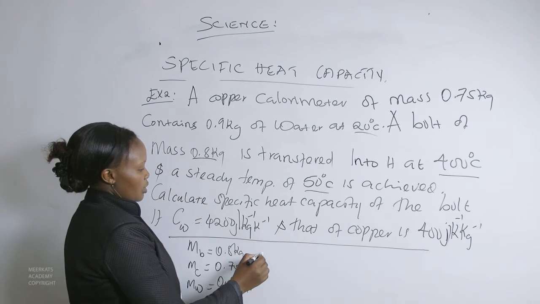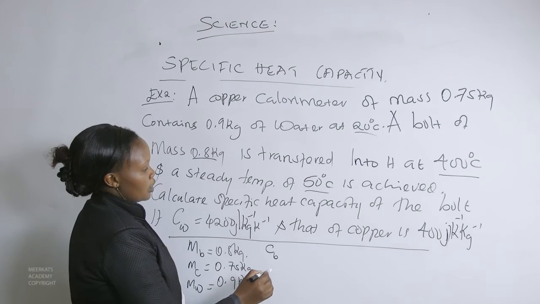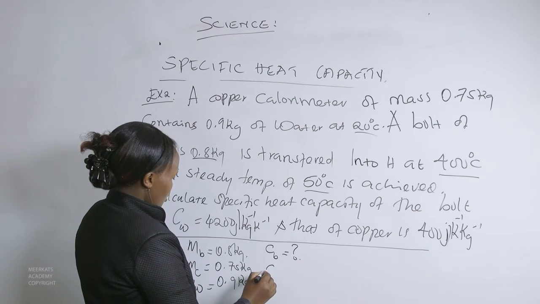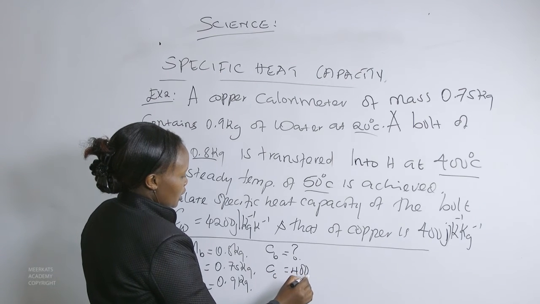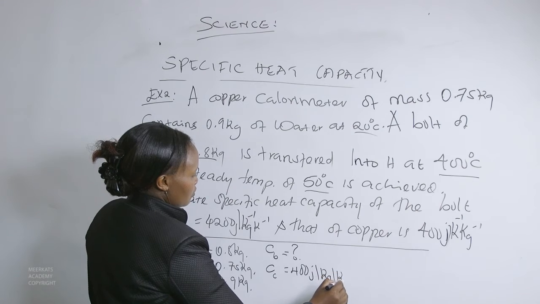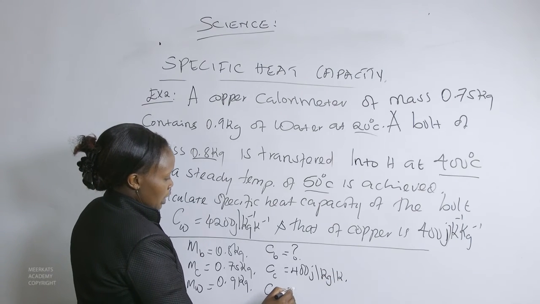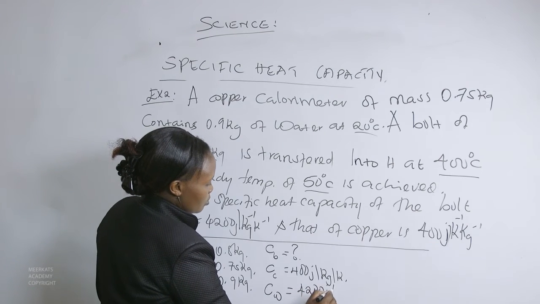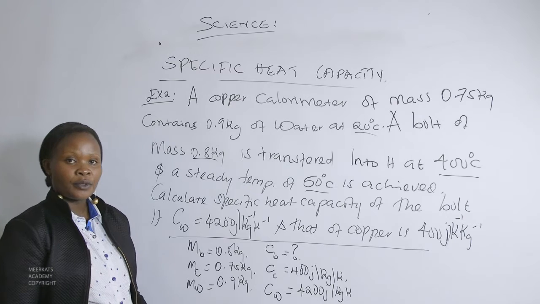Now, specific heat capacities, that of the bolt is what we want to look for. That of the calorimeter is given as 400 joules per kilogram Kelvin. Then that of water is 4200 joules per kilogram Kelvin.